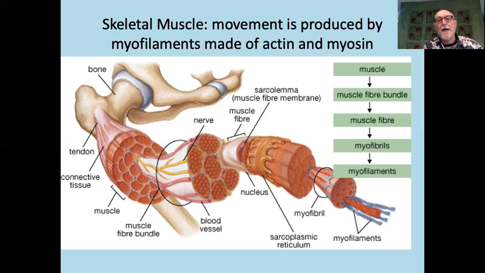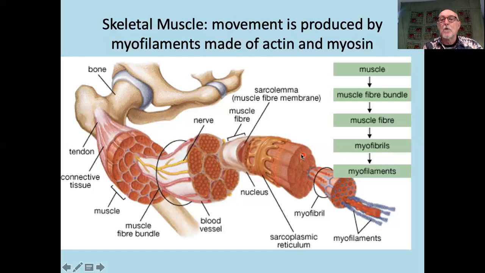This is sarcoplasmic reticulum. It's specialized endoplasmic reticulum. If you don't remember what that is, go back and look it up. And this contains calcium, which is released under nerve impulse to cause the muscle to contract. Here, this is the muscle fiber. One cell, but you can see it's packed full. Don't worry overly about the structures here.